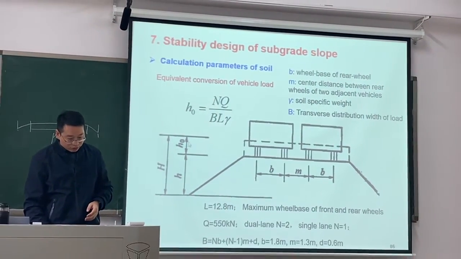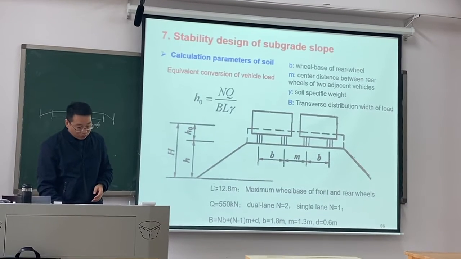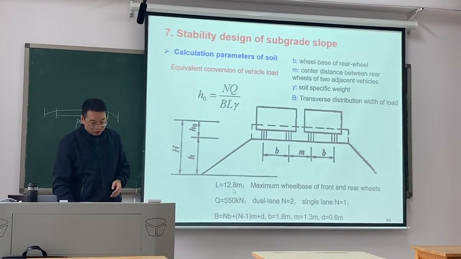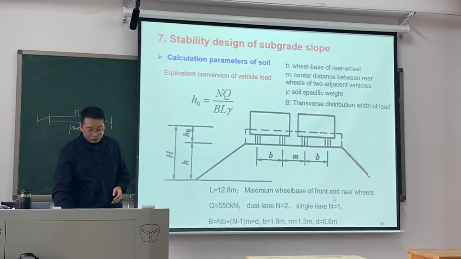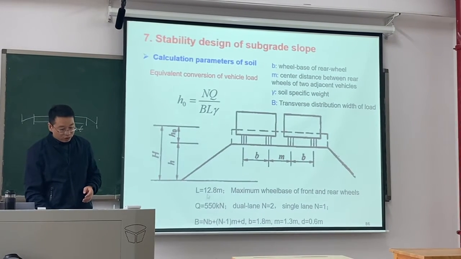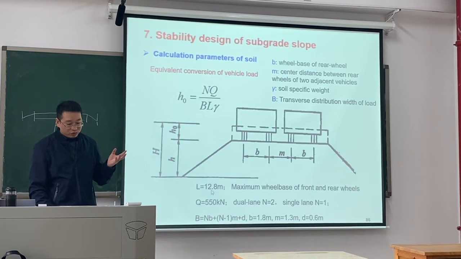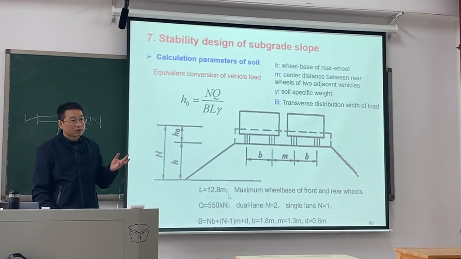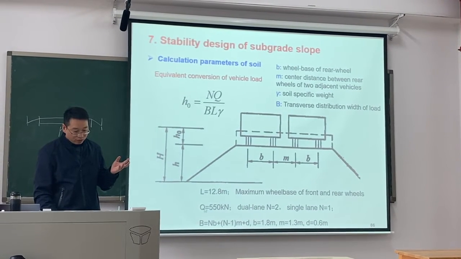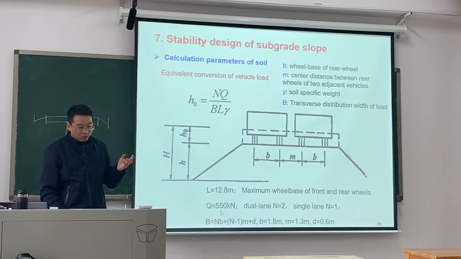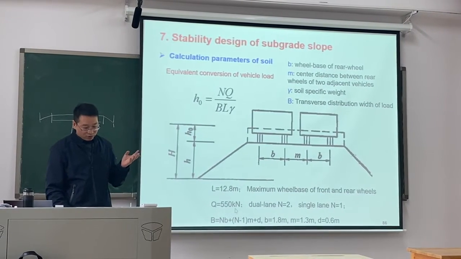It's just like this. And L is the maximum vehicle base of front and rear wheels. It's commonly 12.8 meters. L and Q, 550 kilonewtons.